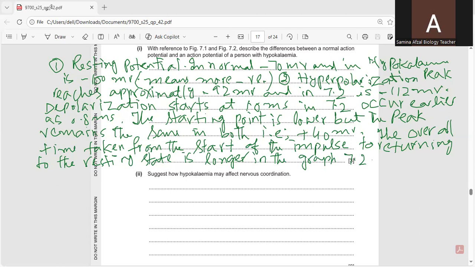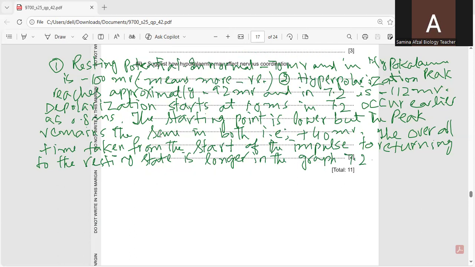So these are the differences in both of these graphs.